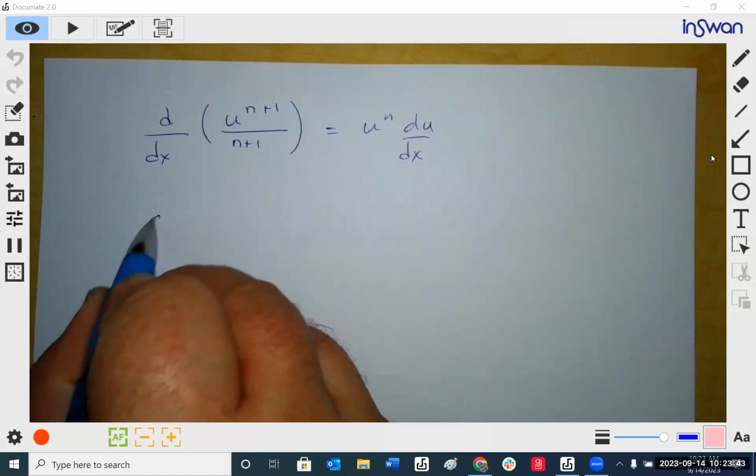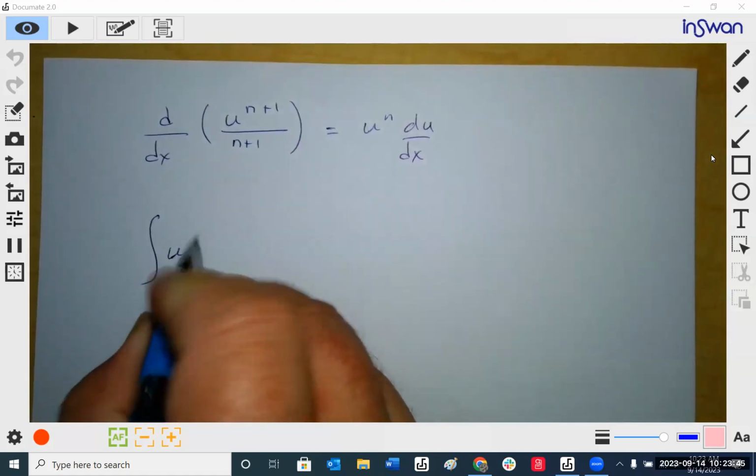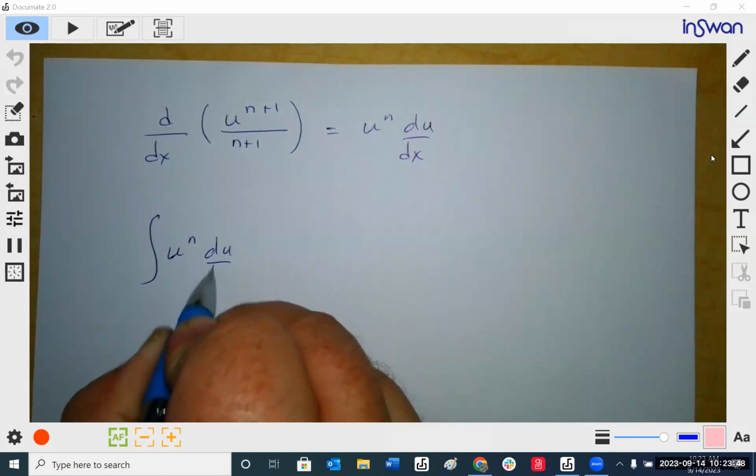All right, so the antiderivative of our function u to the power n du dx.